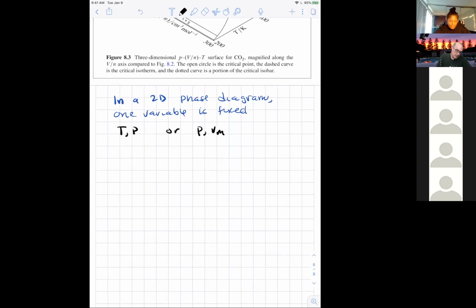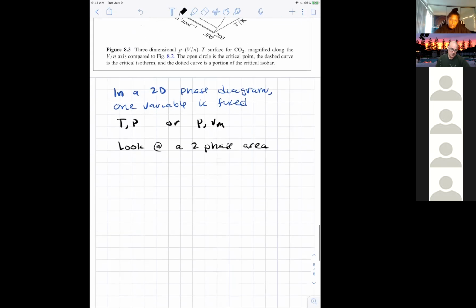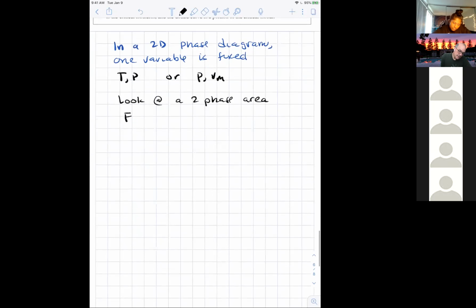Okay, so let's think about some specific things tying into what we talked about before this. If we look at a two-phase area, anywhere on our diagrams where it says L plus G, a liquid and gas area, or a solid plus gas area, then F is 3 minus 2 equals 1. This is going to be univariant.